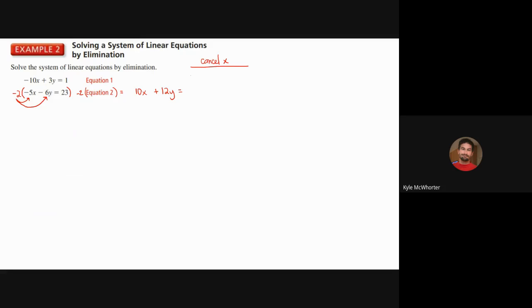And then -2 times 23 would be -46. So if I wanted to cancel x, I would multiply equation 2 by -2, and then I could add it to equation 1.